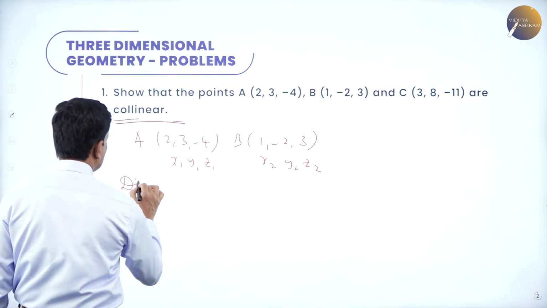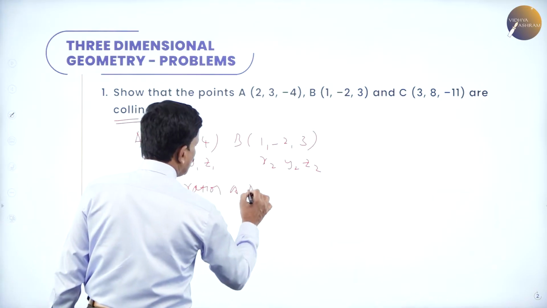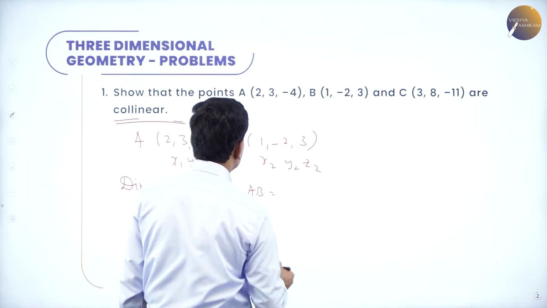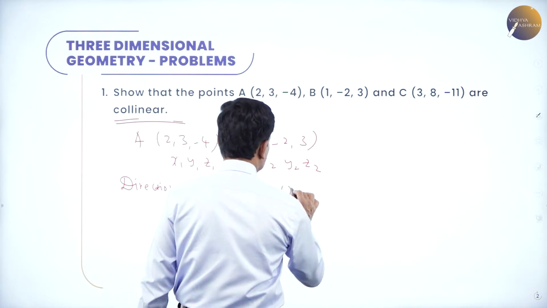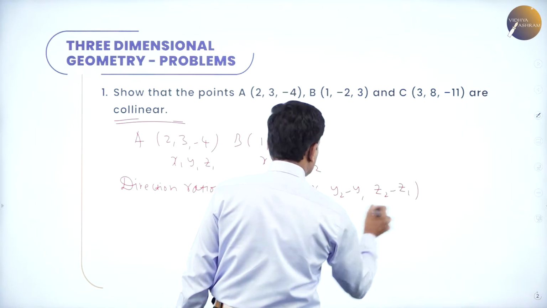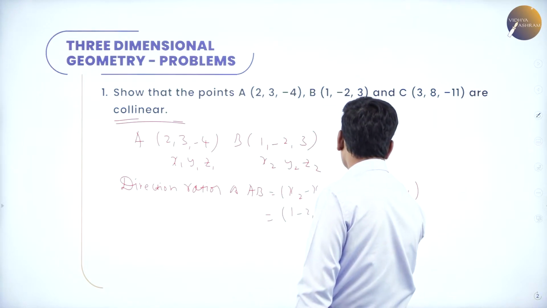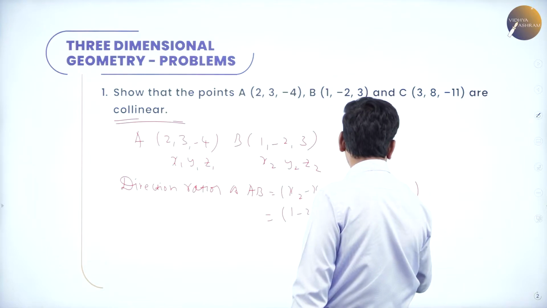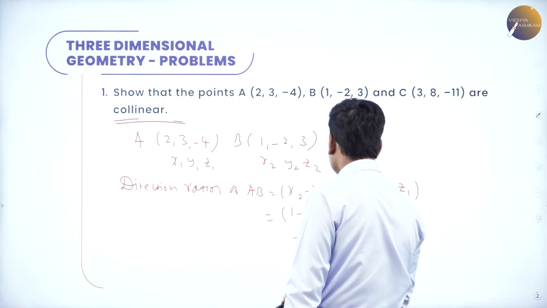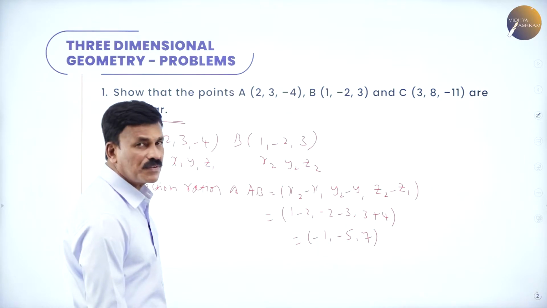Now the direction ratios of line AB are x2 minus x1, y2 minus y1, z2 minus z1, that is 1 minus 2, minus 2 minus 3, 3 minus of minus 4 is plus 4. So this is minus 1, minus 5 and 7. For line AB, the direction ratios are minus 1, minus 5, 7.